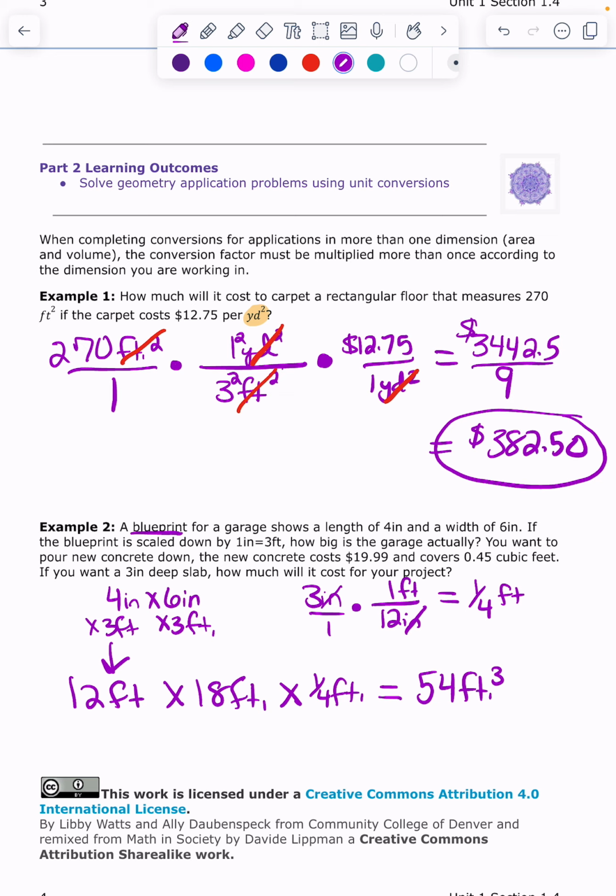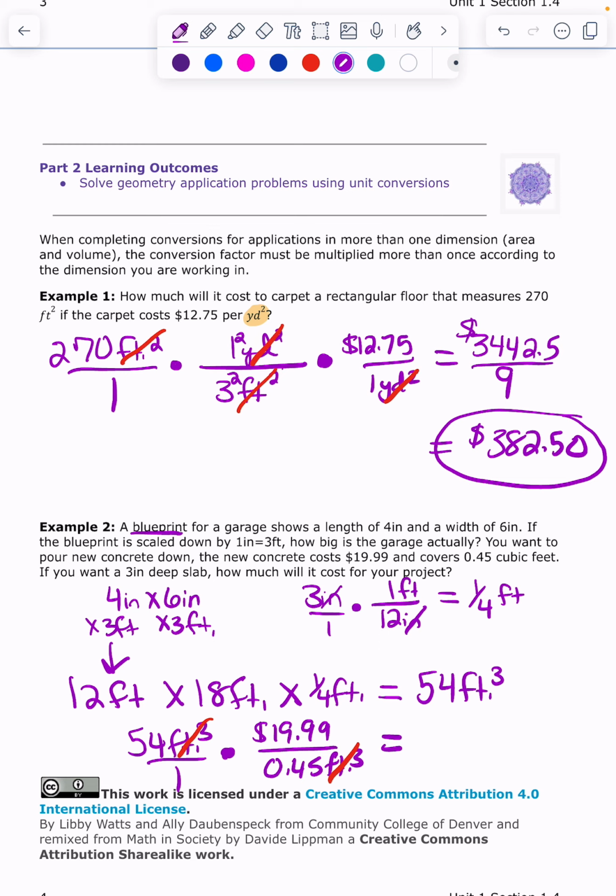Okay, so starting with that, put that over 1. We want to figure out how much it cost. So it's $19.99. That covers 0.45 feet cubed. So the feet cubed cancel out, and I'm just left with the dollar amount, which is what I wanted.